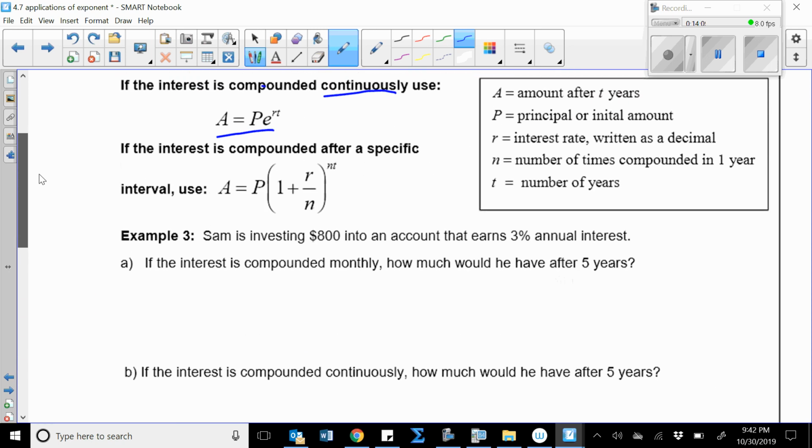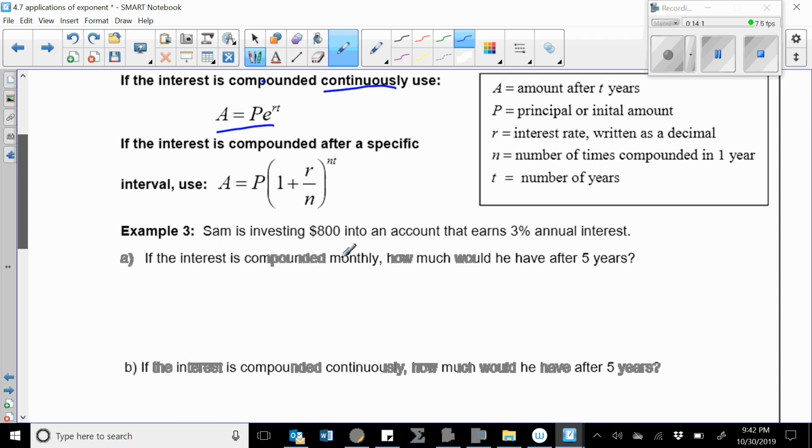So let's do one example here. Sam is investing $800 into an account that earns 3% annual rate. So this is my initial amount, and this is the rate, 0.03. If the interest is compounded monthly, how much would he have after 5 years? So this keyword of monthly gives me the information that I need to use this formula.